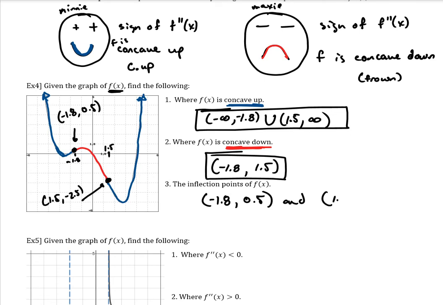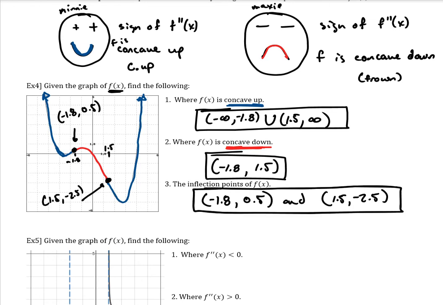These are the inflection points. I wrote the word "and" in there just to remind myself that these are actual points, not intervals. It's a little confusing because you use parentheses in two separate cases. But those are our inflection points, where the graph changes concavity.